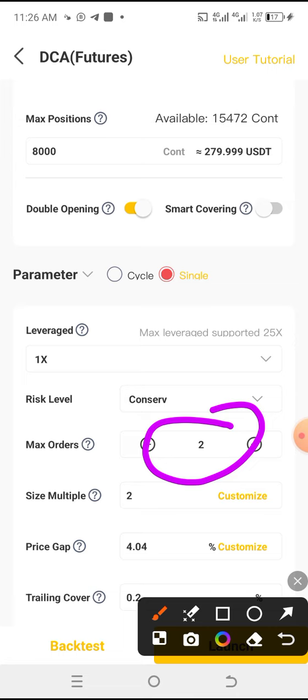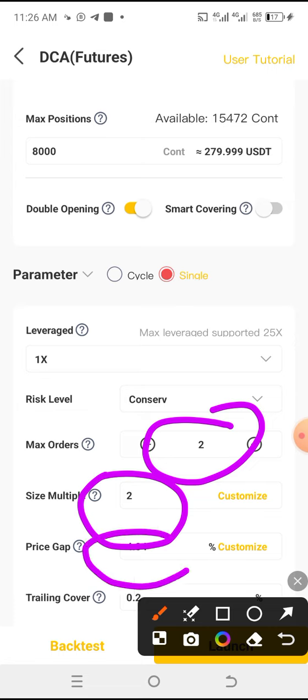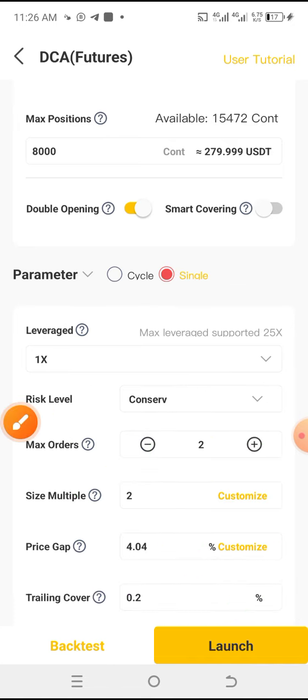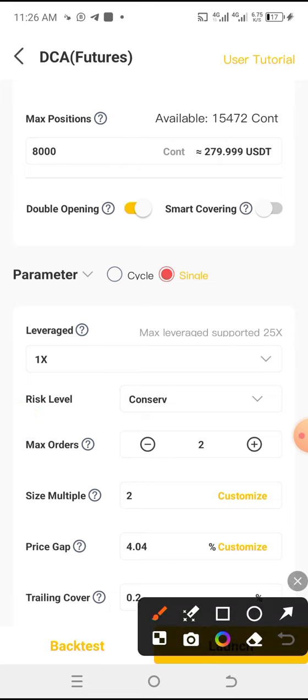The maximum buy and the size multiple, and the price gap, all these three work together to give us the results. The price gap here is 4.04.